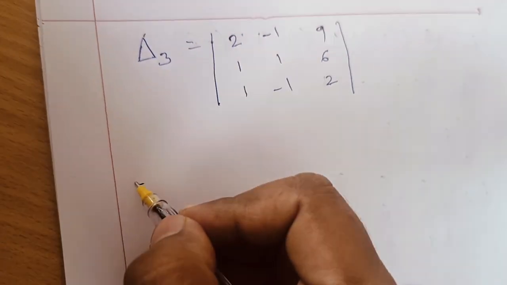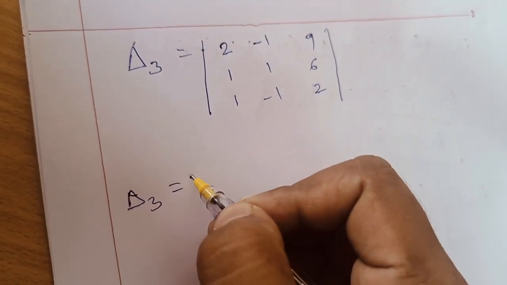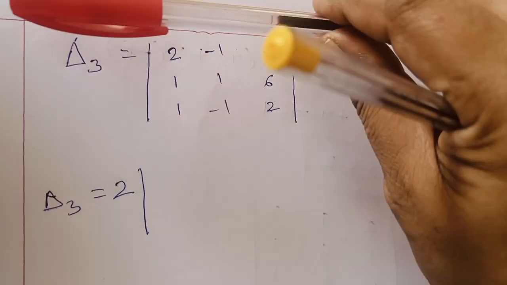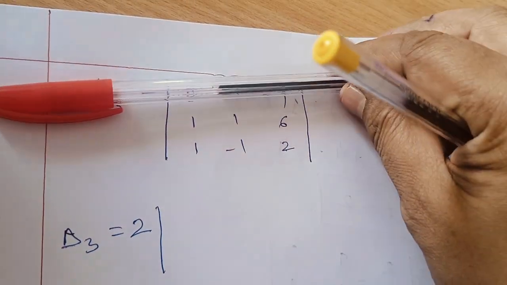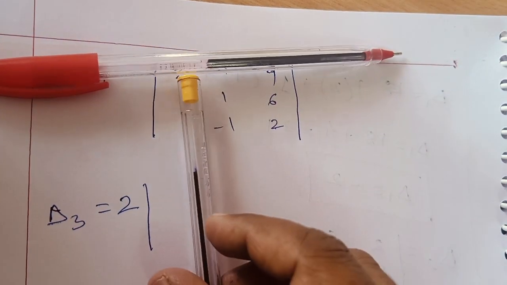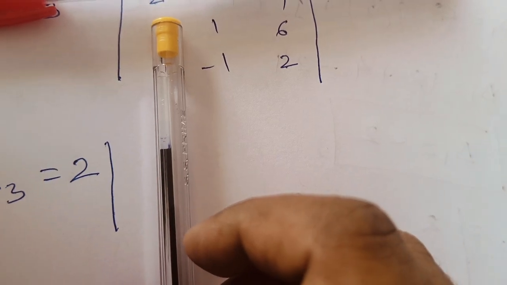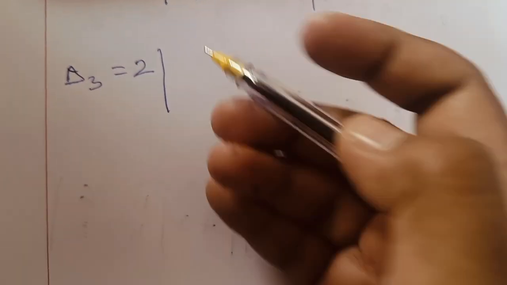Delta 3 is equal to 2, which is lying in the first row, first column. So here we will write 1 6 minus 1 2 is left.